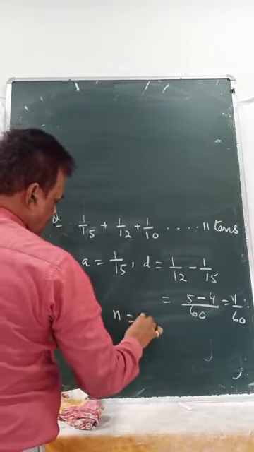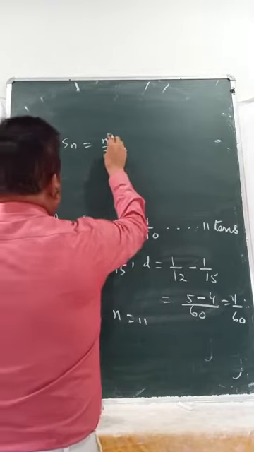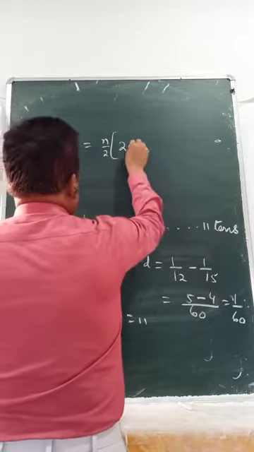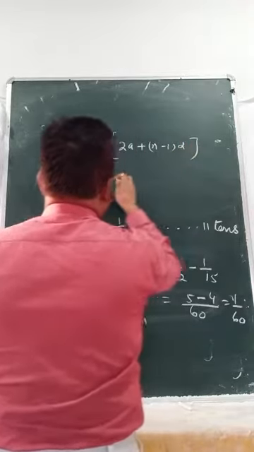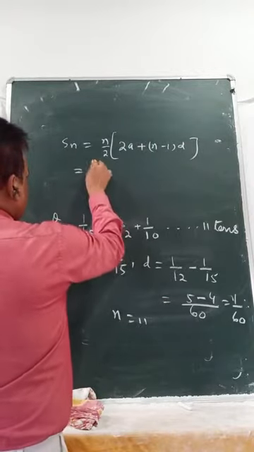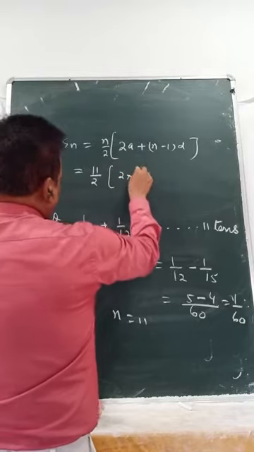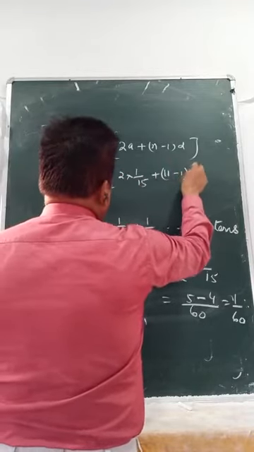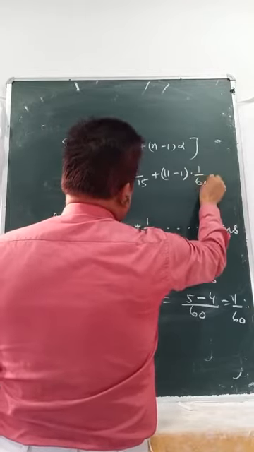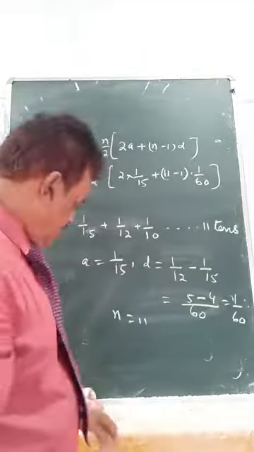n equals 11. So Sn equals n by 2 into 2a plus n minus 1 into d. So it is 11 by 2 into 2 into 1 by 15 plus 11 minus 1 into 1 by 60. Okay, so how much?